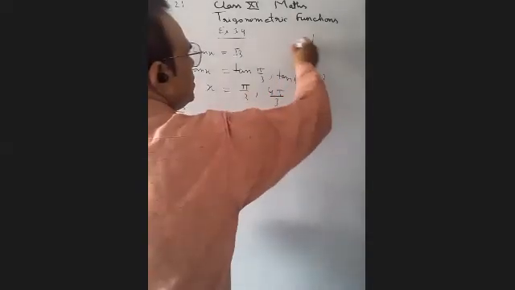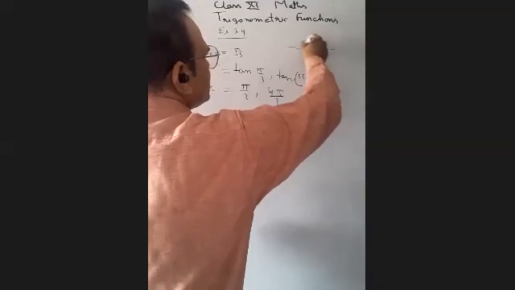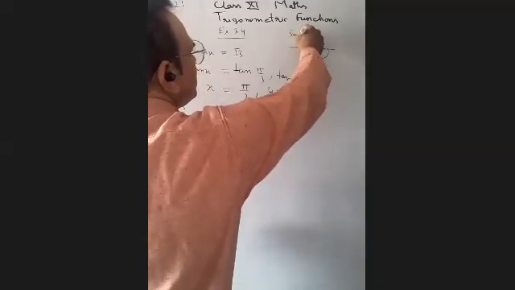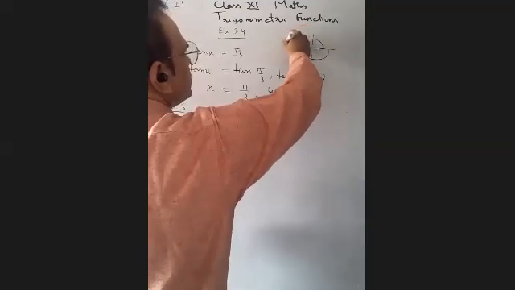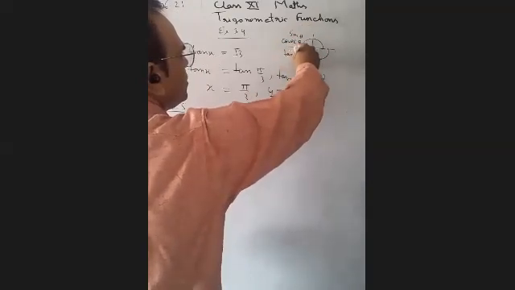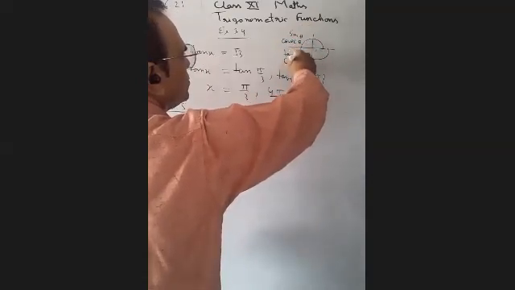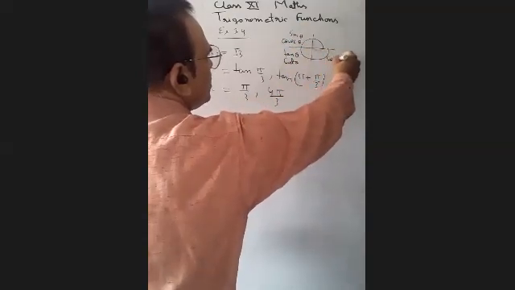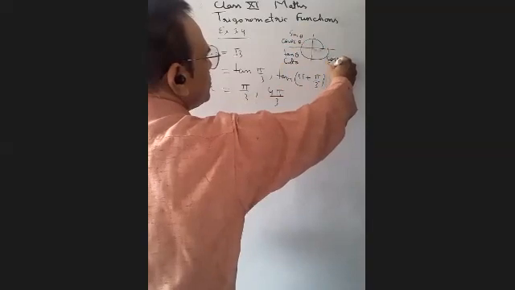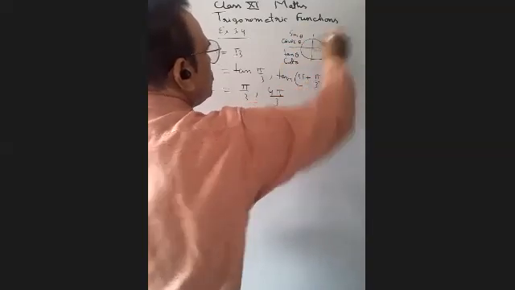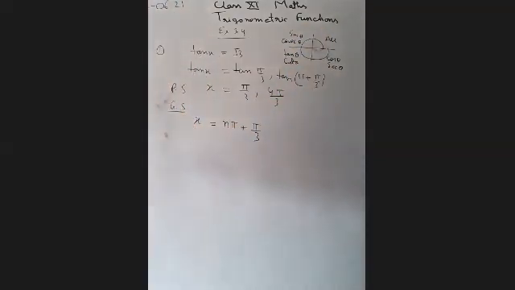You know, in first quadrant all are positive. In second, sin and cosec are positive. In third, tan and cot positive. In fourth, cos and sec positive. यहाँ तो all positive है. हमेशा if the question is given in negative sign, so you will have two answers.